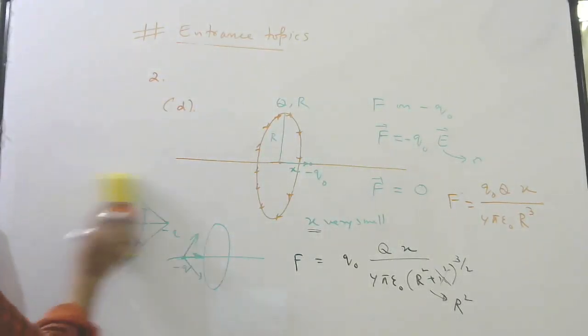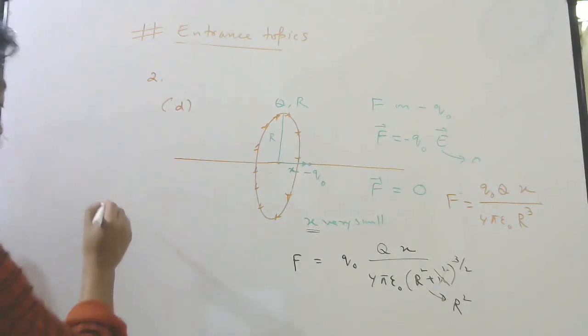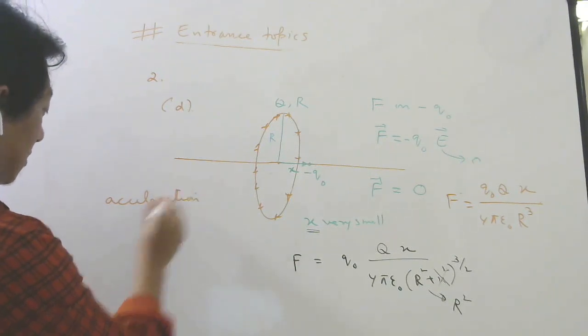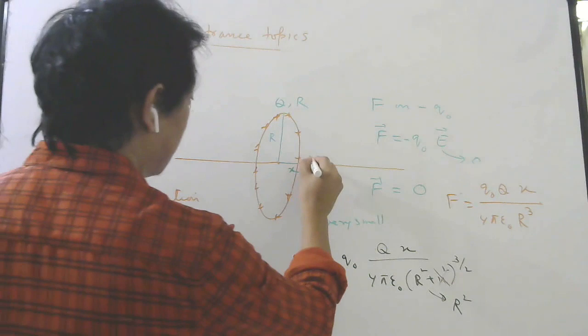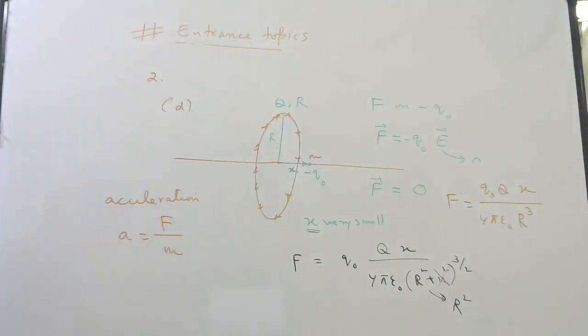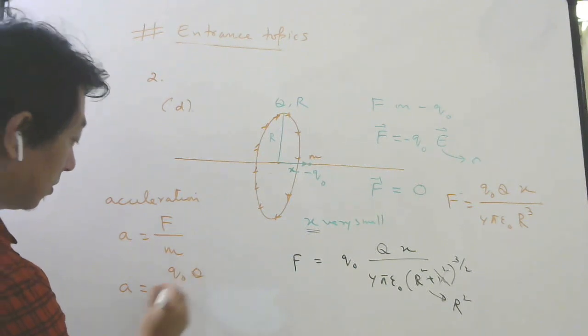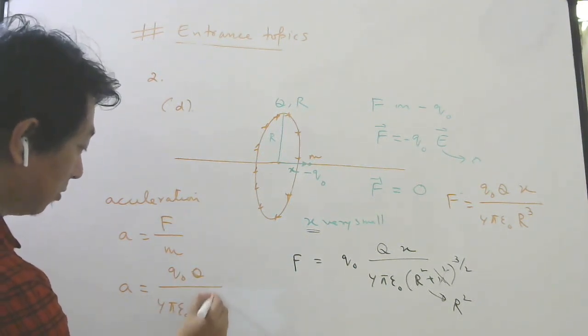After finding the force, you find the acceleration. And to find acceleration, what will we use? Newton's second law. So acceleration will be force divided by mass of this particle. So force is q naught q x divided by 4 pi epsilon naught m r cube.